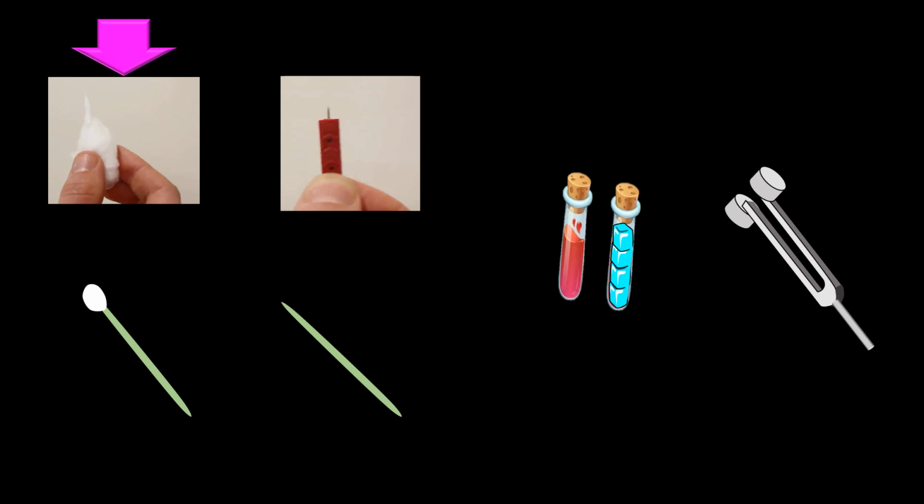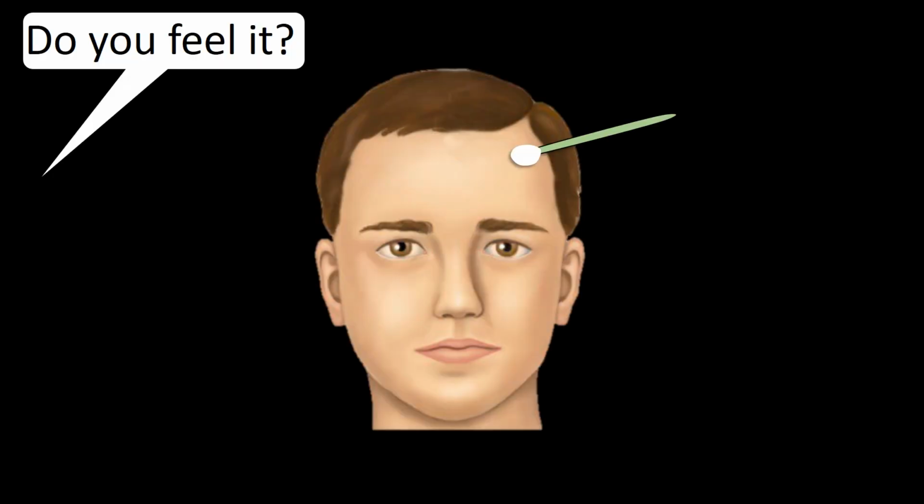Soft touch is tested by asking the patient to tell you where they perceive being touched, or simply by asking the patient to say yes the moment they feel they are being touched. We start by touching the forehead.